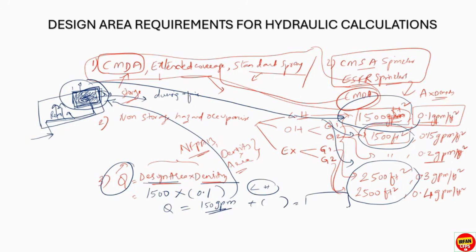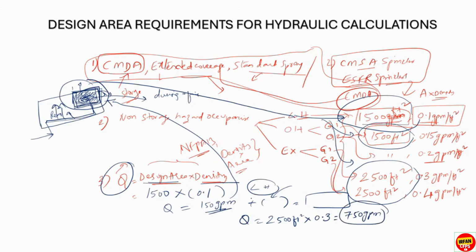And when we add the hose allowance, then we get the total demand. Based on the light hazard, you will add the hose allowance. For example, if you consider the extra hazard, 2500 square feet multiplied by, if you consider group 1, 0.3 GPM per square feet. So total requirement will be 750 GPM.